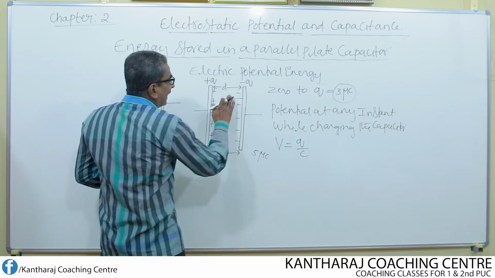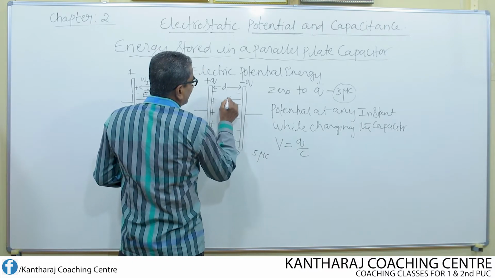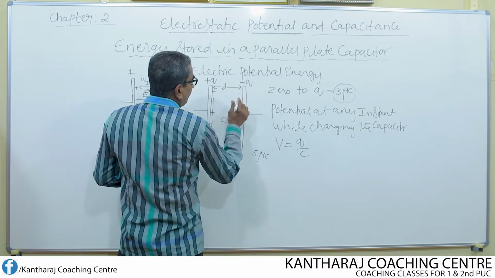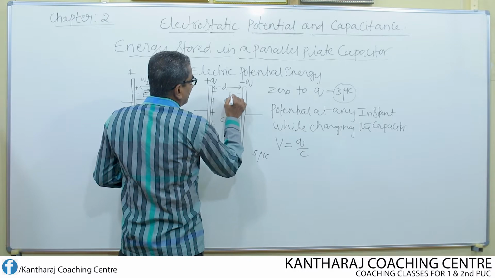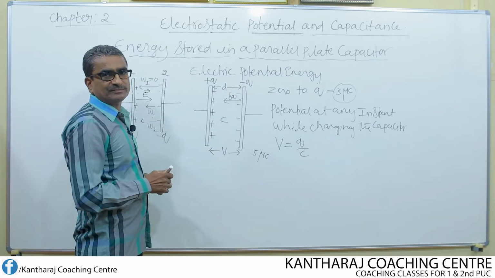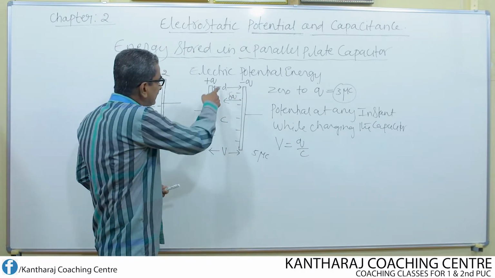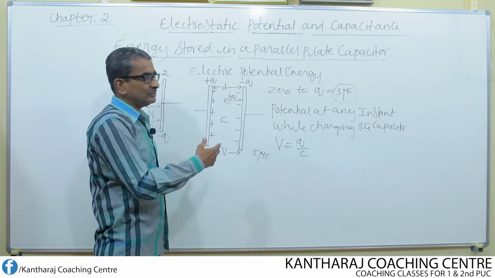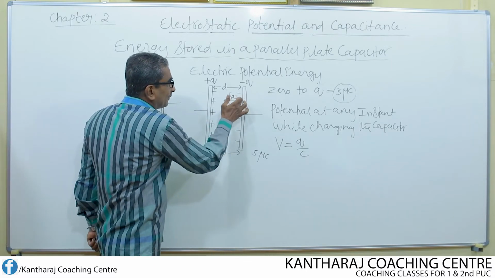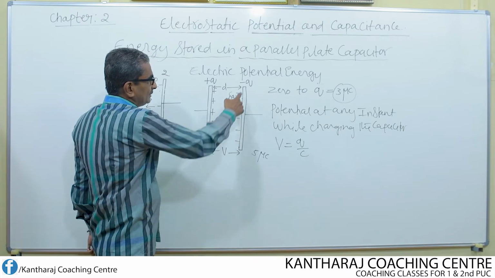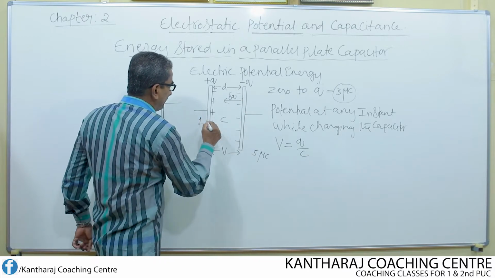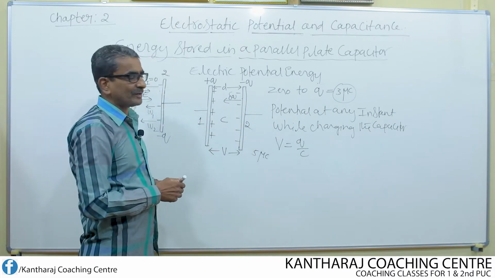So I consider like this: let delta Q be the extra charge which is given to this plate. How? By removing this from this plate, from the plate 2. I consider this as plate 1, this as plate 2.